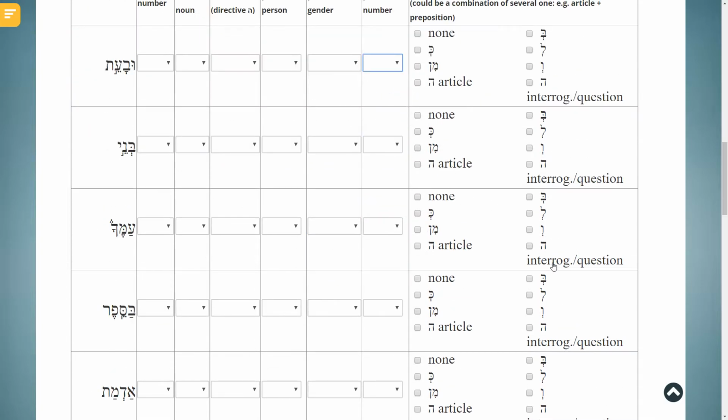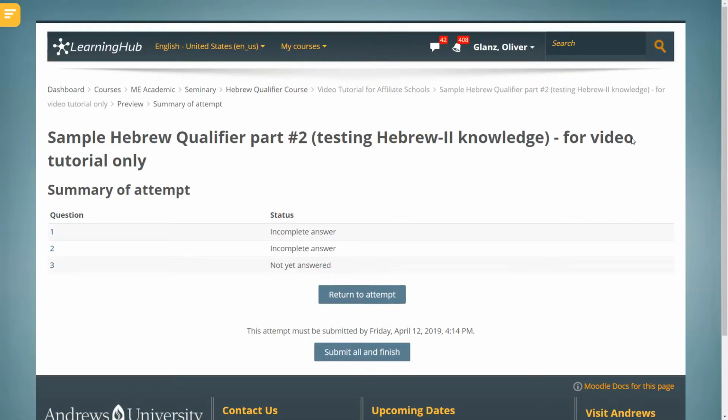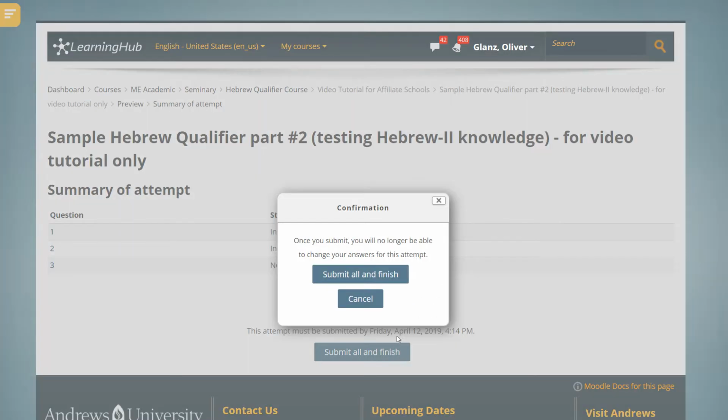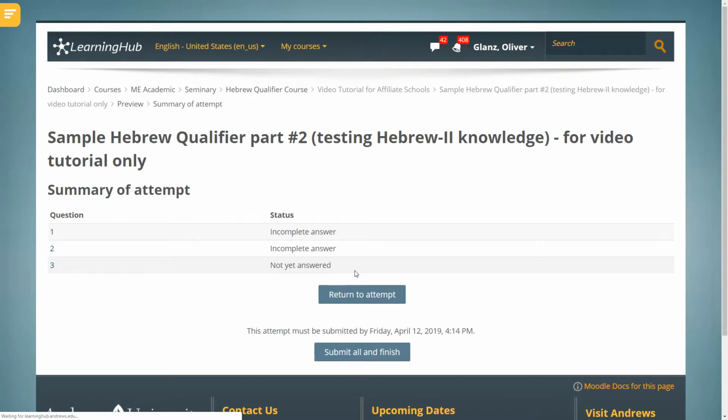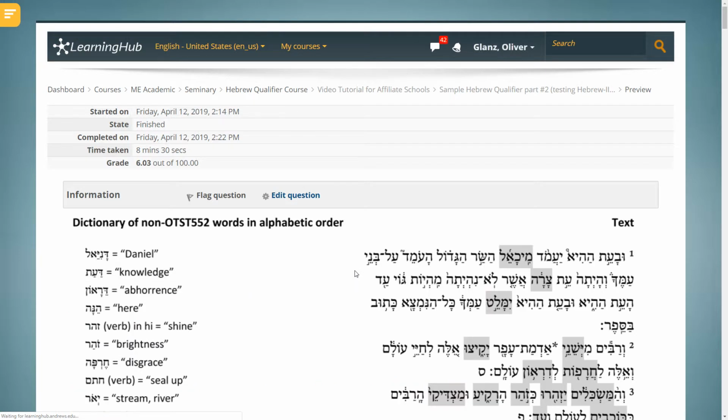Then finish the attempt. And if you have received 75% or more, then you have passed the qualifier and you don't have to take any Hebrew courses anymore. Hebrew 1 or Hebrew 2 are passed by passing the qualifier.